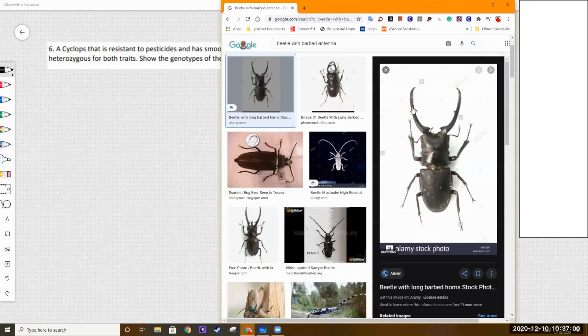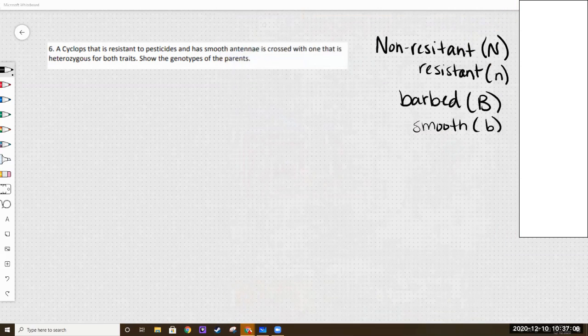It's the little spiky things here. See that? That's what barbed antenna is, okay? All right. So now, again, you're gonna do the cross. I'm gonna give you guys 5 minutes.